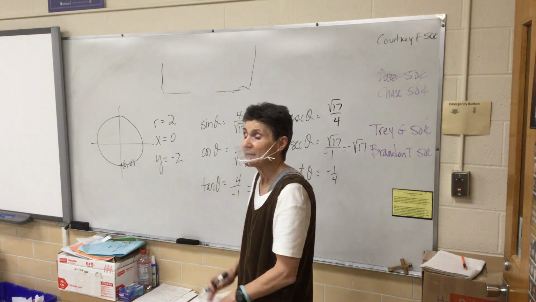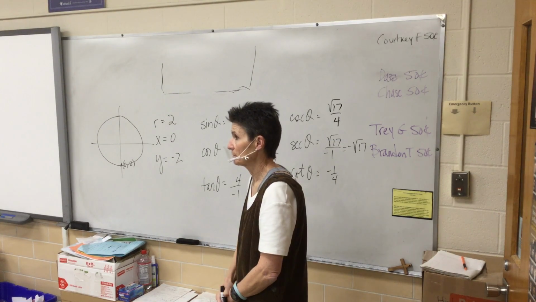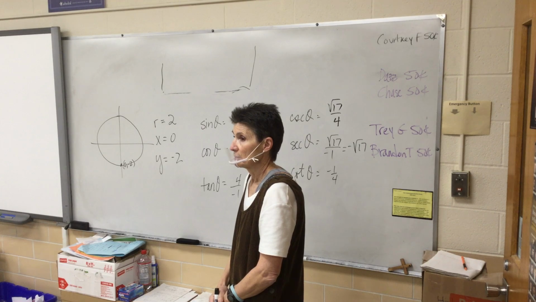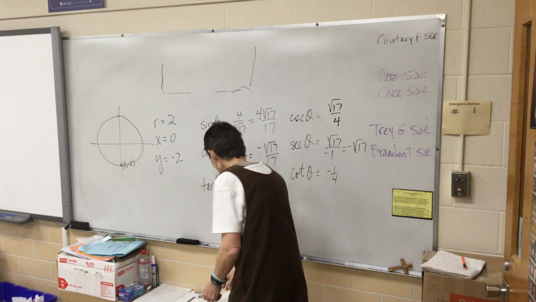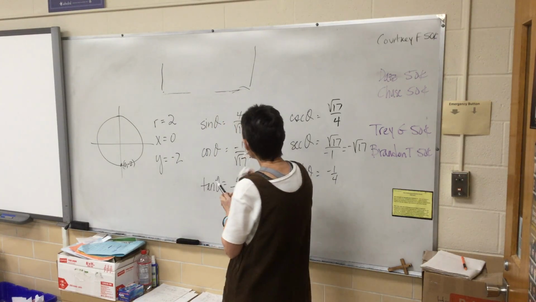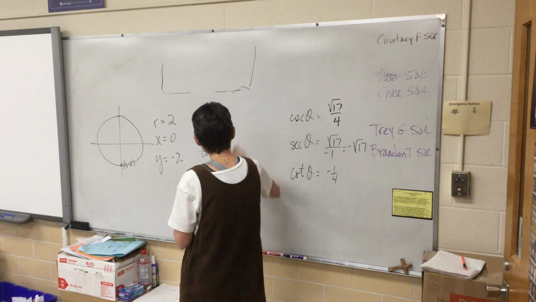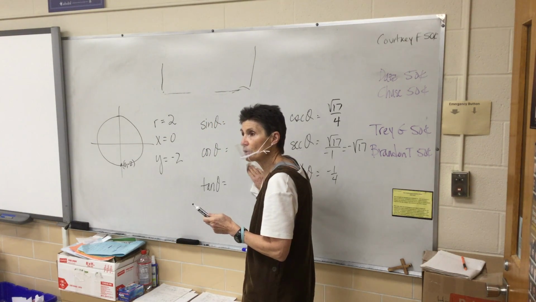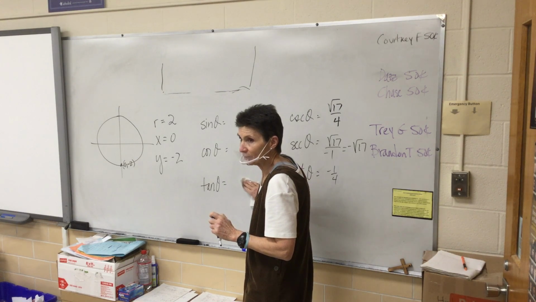Now remember, it was impossible to draw a triangle, so that's why I drew a circle. Now look at your pink sheet. So far, every time we've done a sine, we have used opposite over hypotenuse, right? And that's perfect if I have a triangle.